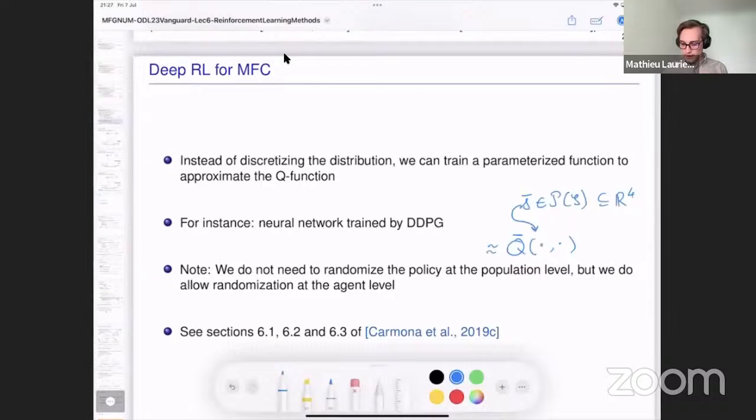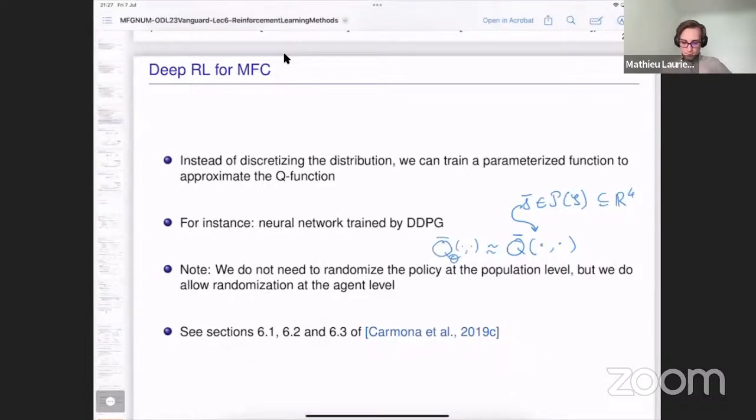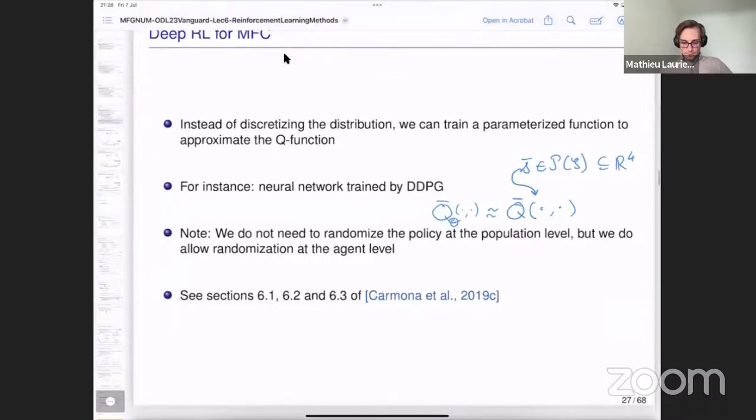Well, I replace this by a neural network, Q bar, parameterized by theta, which takes then 2 inputs. And then it's not a problem to have continuous inputs taking continuous values. I say it's not a problem, at least you can plug that in the neural networks. And training the neural network is a whole different story.